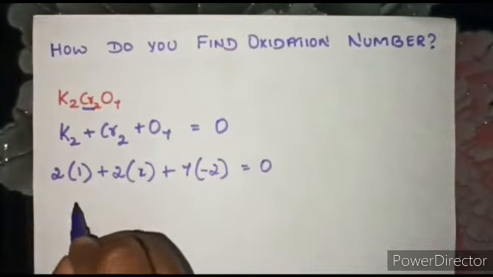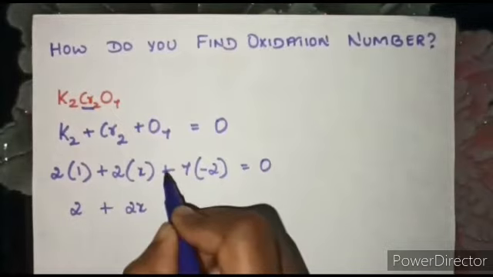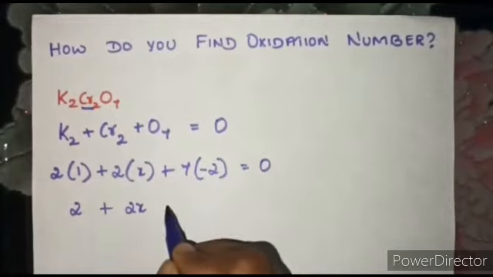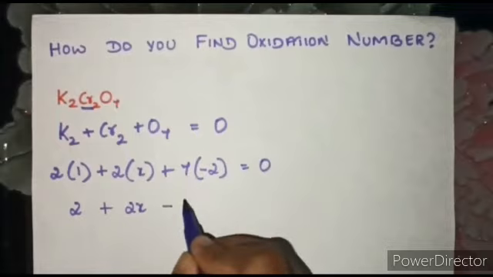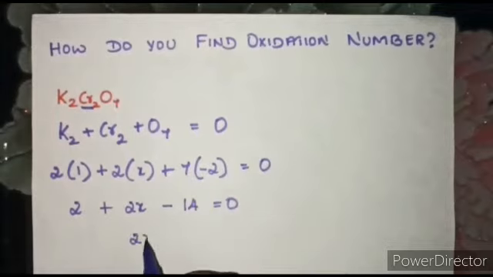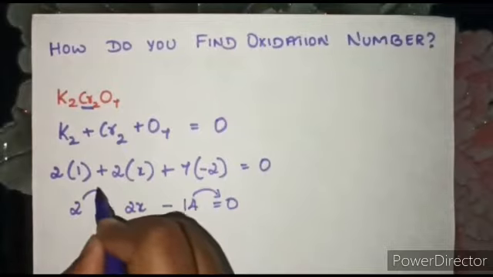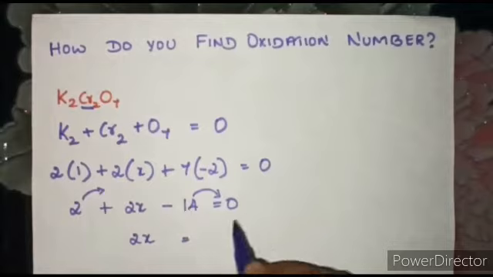2 into 1 is 2, plus 2x, plus into minus will always be minus, 7 into 2 is 14, equal to 0. 2x will shift, 14 as well as 2. So minus 14 turns to be plus 14, and plus 2 will become -2.